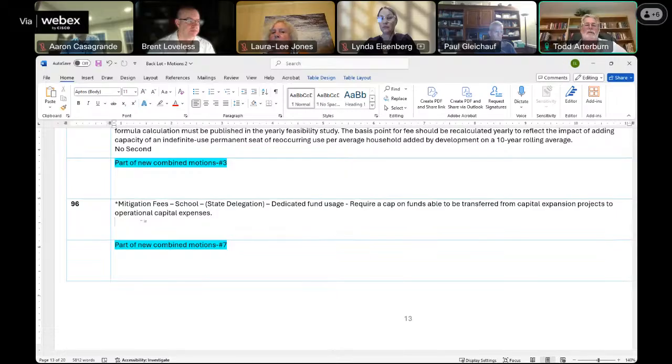So the motion is that school surcharge fees should only be used for capital improvements or capital maintenance, not operational funding. Correct. I want to limit operational funding, as I don't want it supplanted incorrectly.